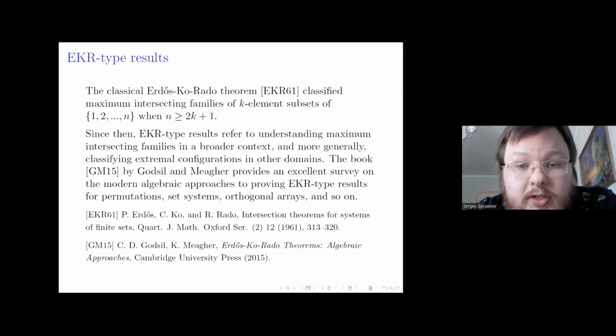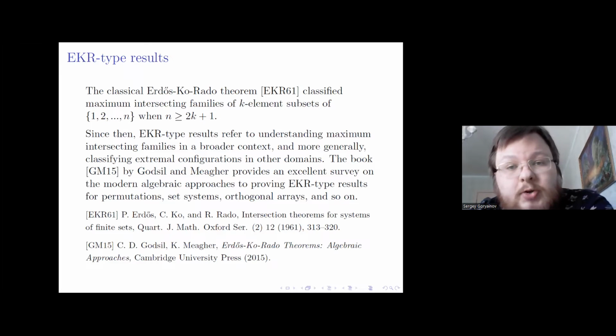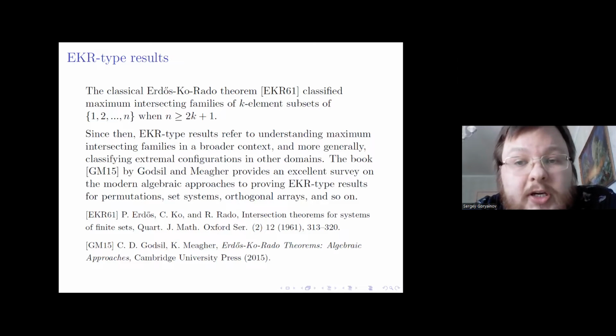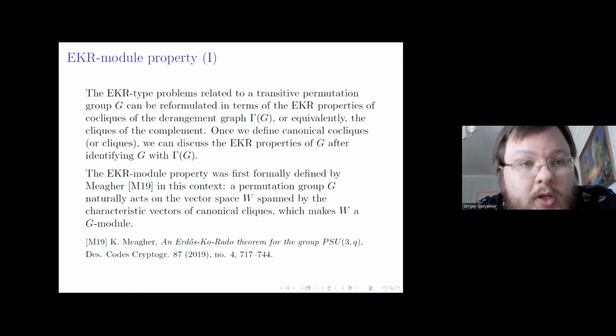The book EKR Theorems, Algebraic Approaches by Godsil and Meagher provides an excellent survey on the modern algebraic approaches to proving EKR-type results for permutations, set systems, orthogonal arrays, and so on.